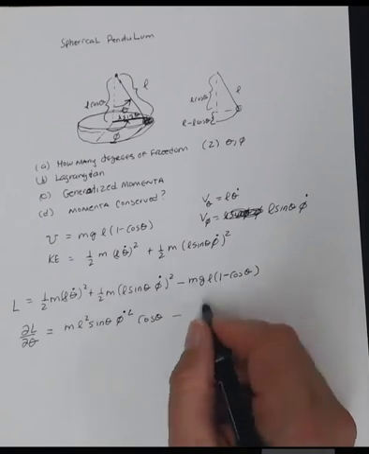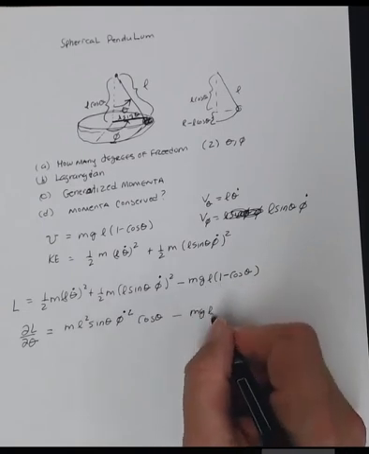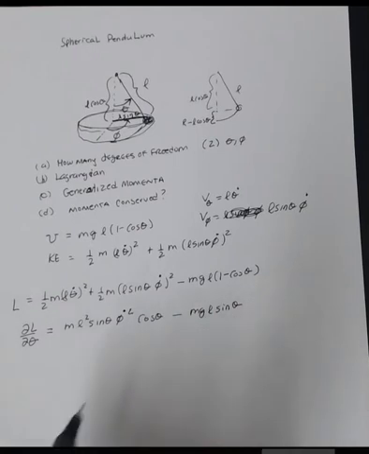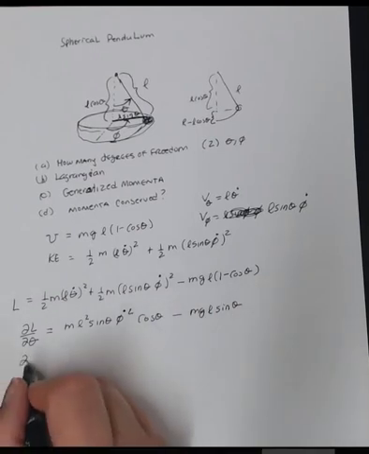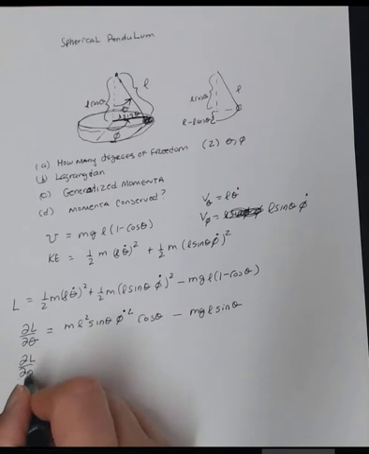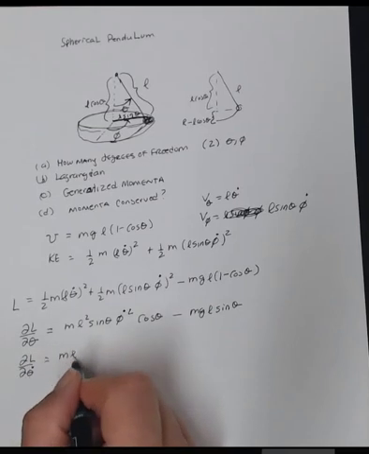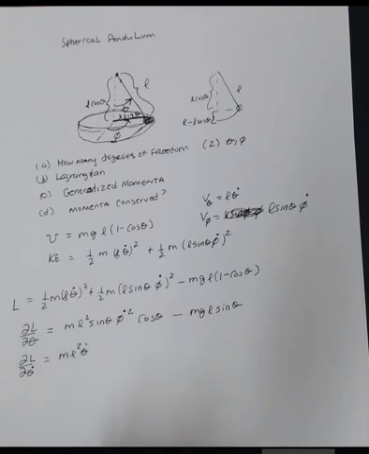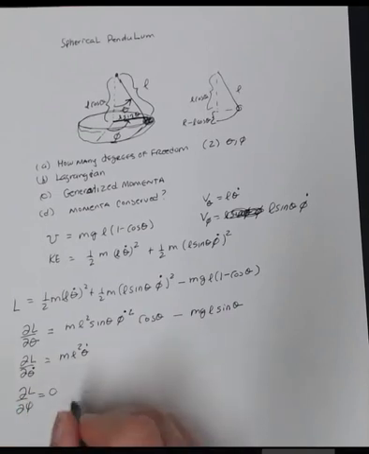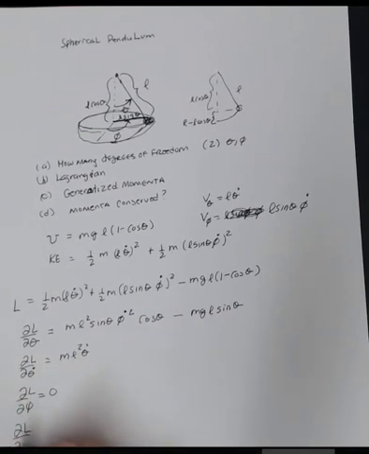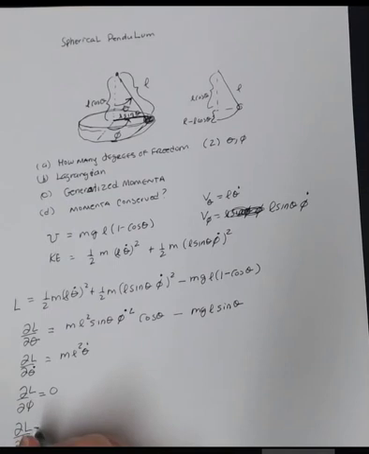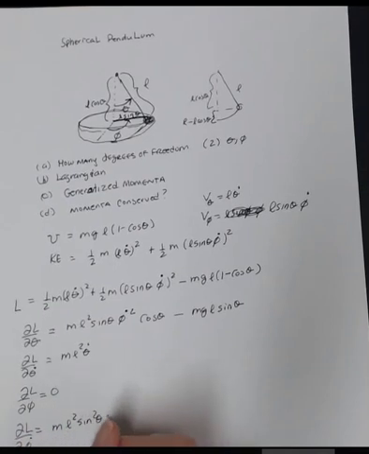And minus, here I'm going to get an m g L sine of theta. Okay. Partial of L with respect to theta dot. That's an easy one, m L squared theta dot. And then the partial of L with respect to phi is 0, because we don't have phi in there. And the partial of L with respect to phi dot, that's also pretty easy. That's m L squared sine squared theta phi dot.